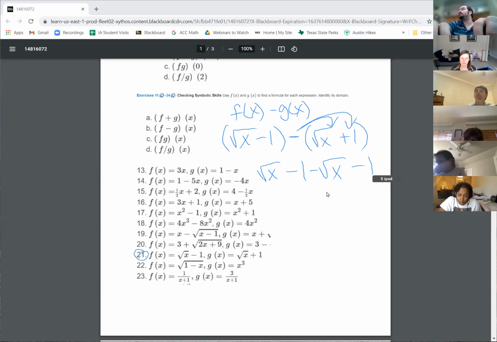Yes. And then combine like terms, I guess? Yep. So how would we combine two square roots of x? One of them is positive, and the other one is subtracting. Oh, so that would cancel out. And then it equals -2? Yep. Okay.